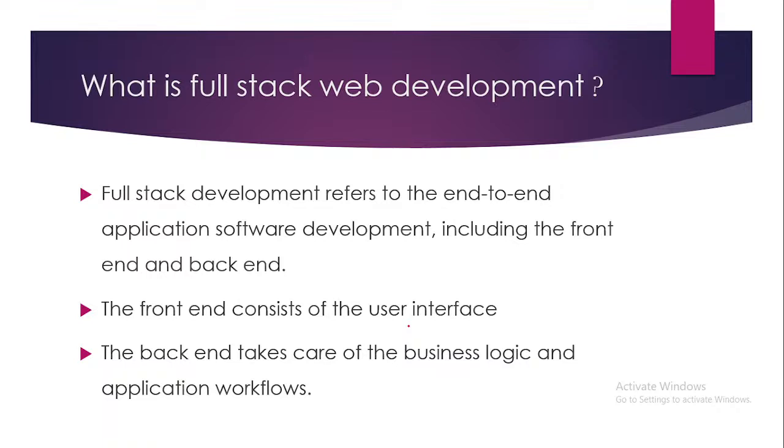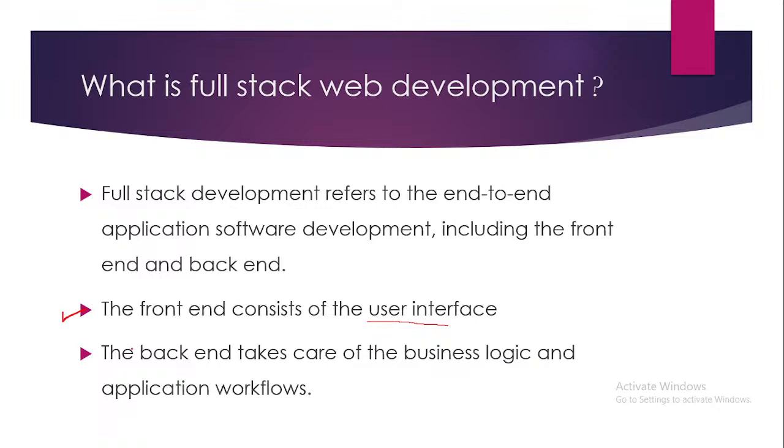Full stack web development is nothing but developing an end-to-end application software which consists of front-end applications as well as back-end applications. So what is a front-end application? Front-end application is nothing but developing user interfaces. The application which we can open in the browser and through which the user can interact with the application is called a front end.